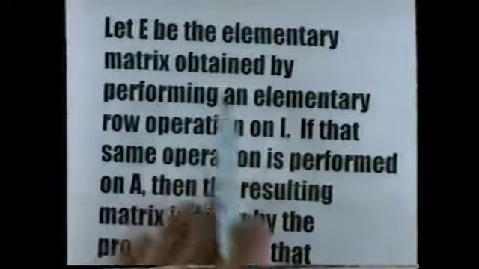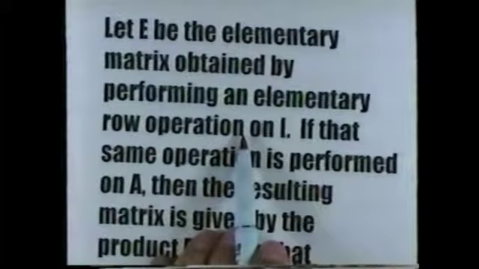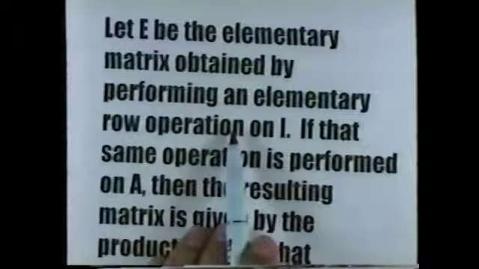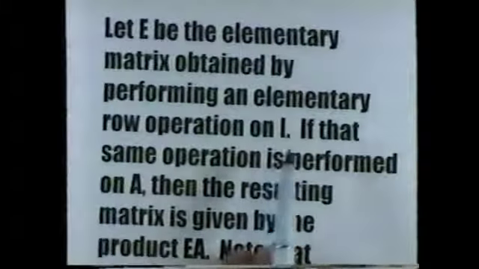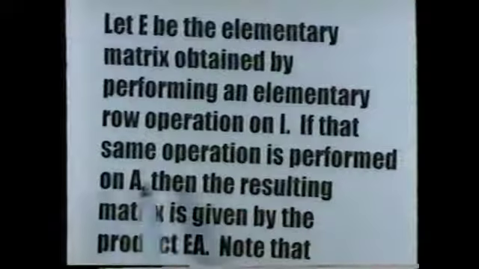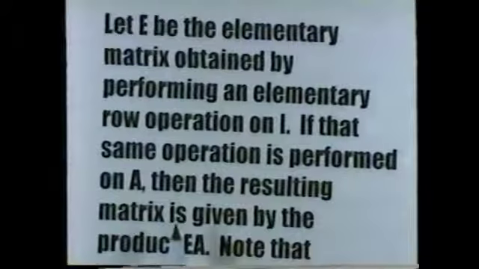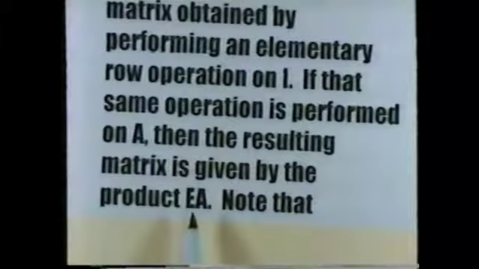We can look at E, look at I, and determine what operation was performed on I to get E. If that same operation is performed on matrix A, then the resulting matrix is given by the product EA.